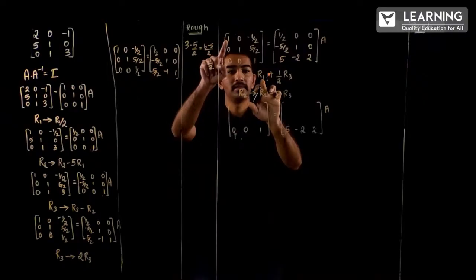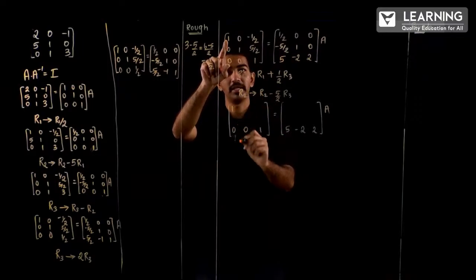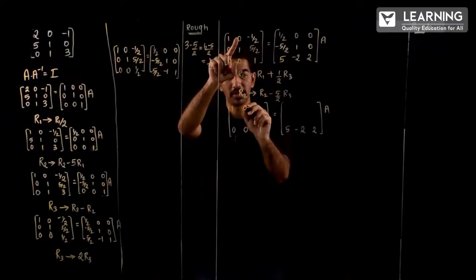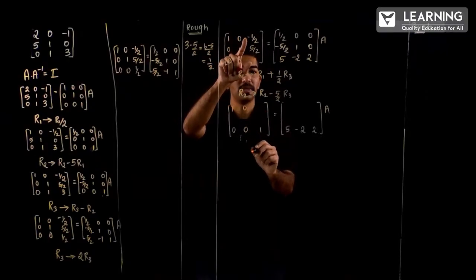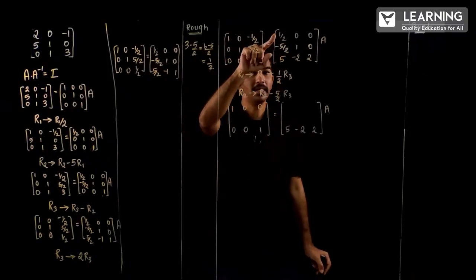What is R1? 1 plus 1 by 2 of R3, 1 by 2 of 0, 1 plus 0 is 1 only. Same thing. R1 0, R3 also 0, so this will become 0 as well. Now this minus 1 by 2 plus 1 by 2 of 1, so even this will become 0. Same thing applicable here.